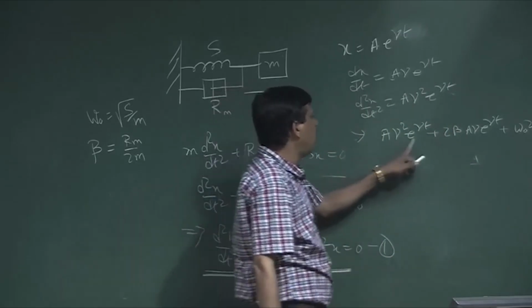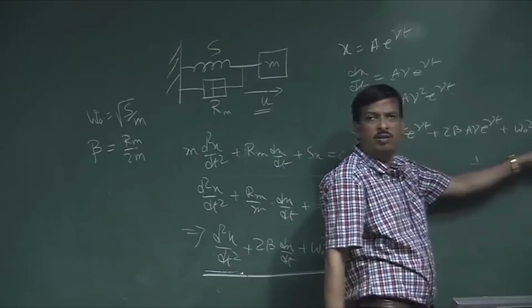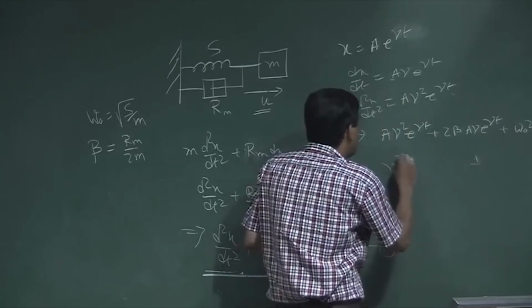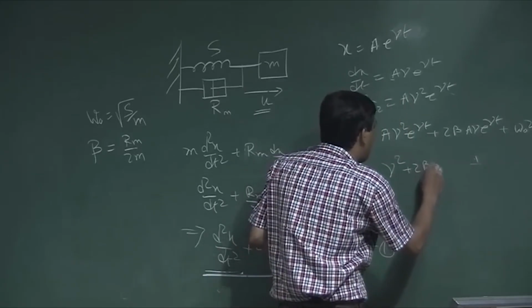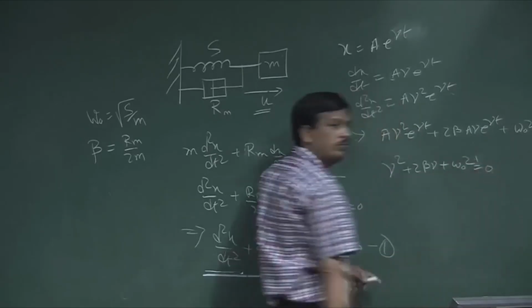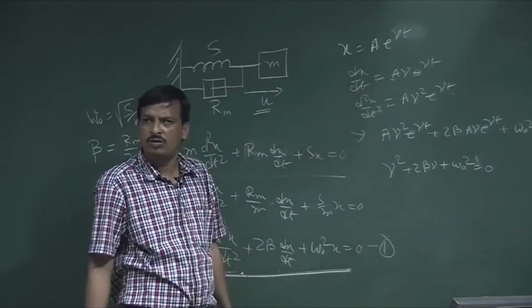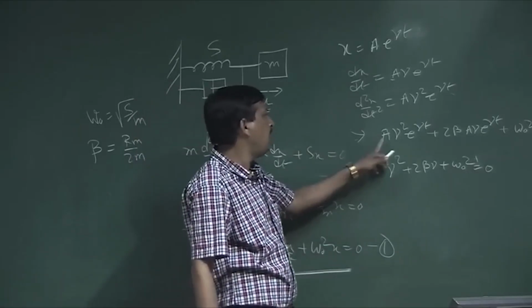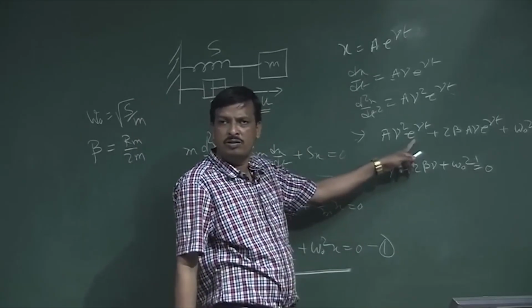So a e to the power gamma t is common to all. I can write gamma square plus 2 beta gamma plus omega 0 square is equal to 0, since a e to the power gamma t is not 0.